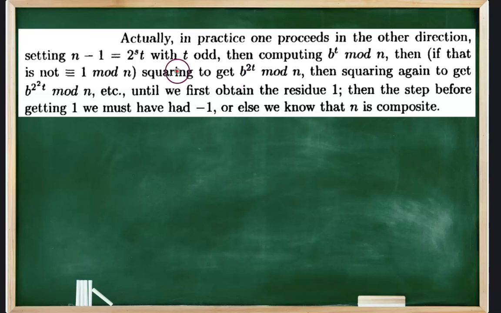Then again on squaring we get b raised to 2 square into t modulo n, and so on until we first obtain the residue plus 1.